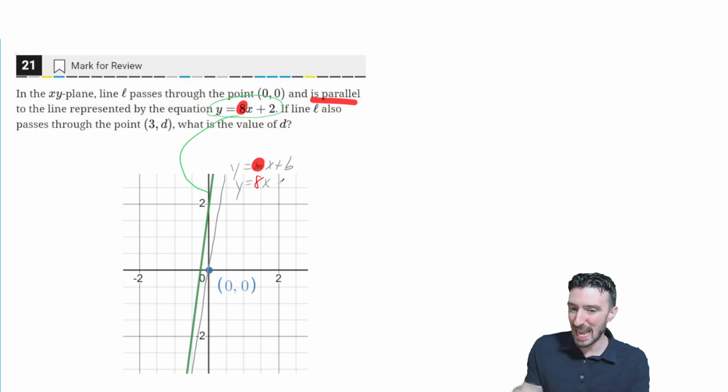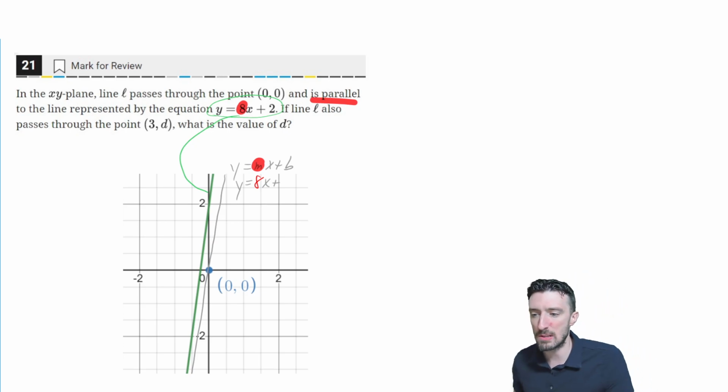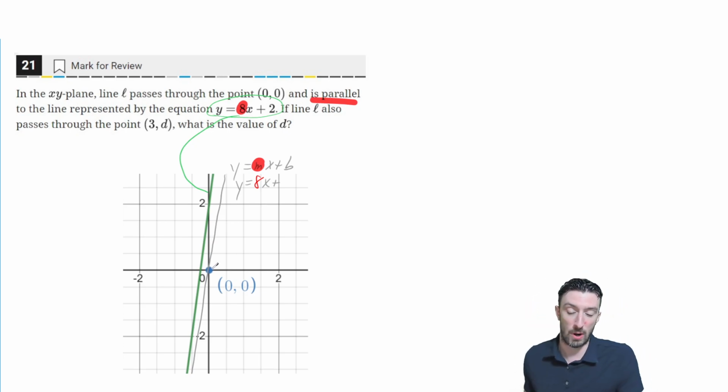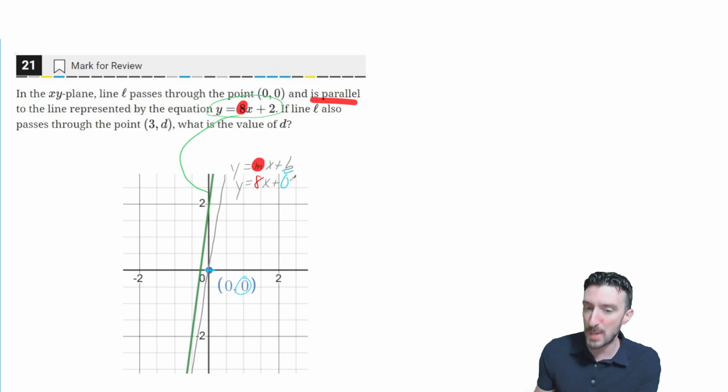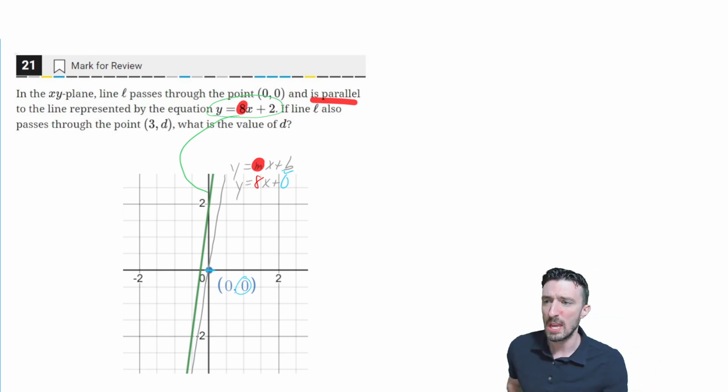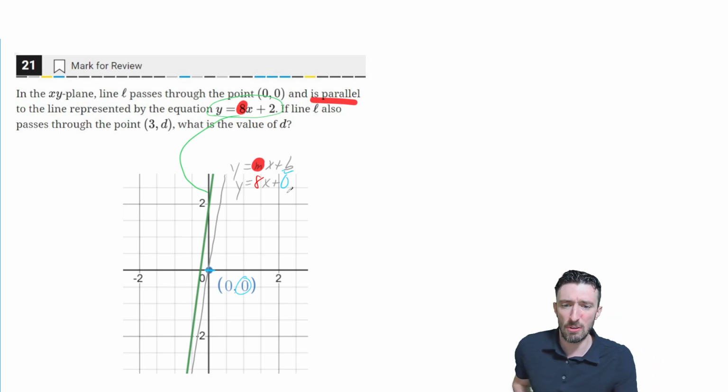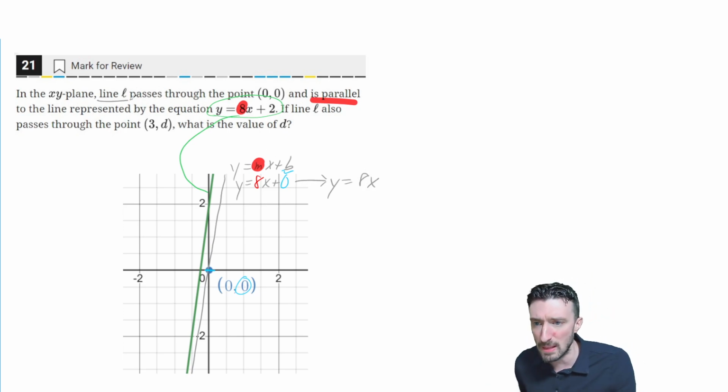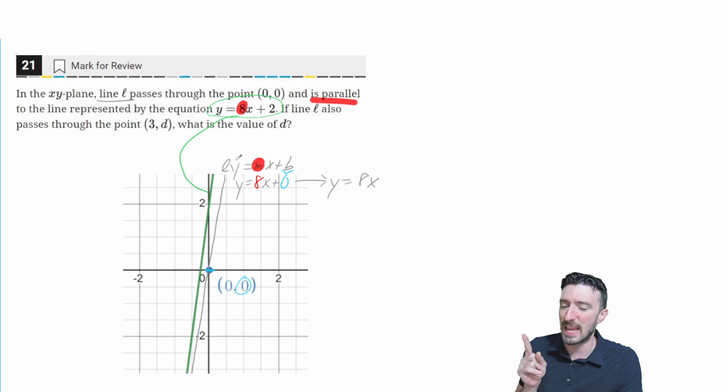So it's going to be 8x plus whatever the y-intercept is. Where does it go through the y-axis? It goes through at 0. So that's my b. Now 8x plus 0 is the same thing as just saying y equals 8x. And that line is line L.